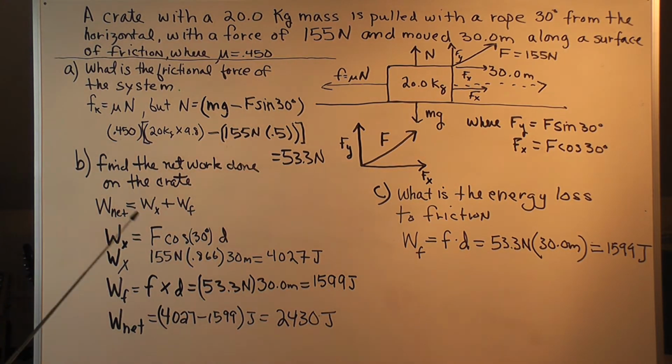B, find the net work done on the crate. And so the net work is going to be, after we take away the non-conservative work, which is caused by friction, we take that away from the total amount of work that's being done on the x-axis, okay, we're going to get the net. So let's first figure out what is the work done on the x-axis.